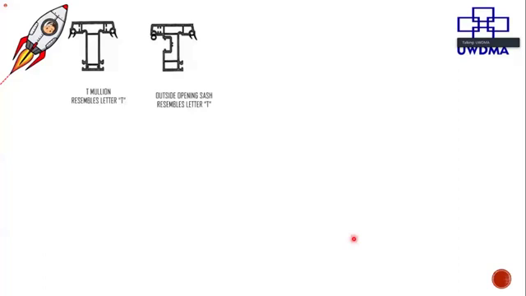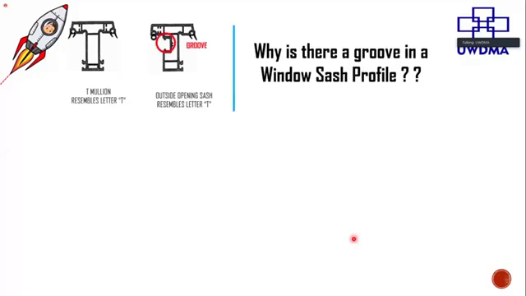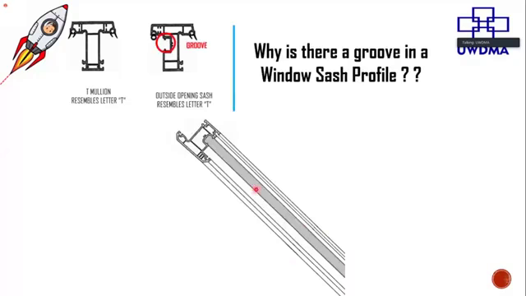What is the reason that we have this groove in the sash profile? Because in the sash we fix a spag. A spag is the hardware used for multi-point locking in casement windows and of course in sliding windows also. So to fix this spag, these grooves are provided.